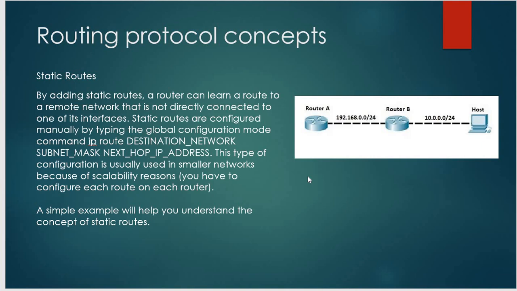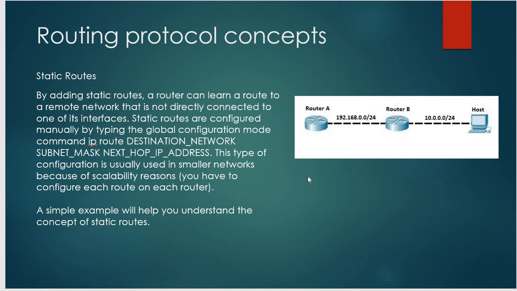Static routes are configured manually by typing, in global configuration mode, the command ip route, destination network, subnet mask, next hop IP address. This type of configuration is usually used in small networks because of scalability reasons.